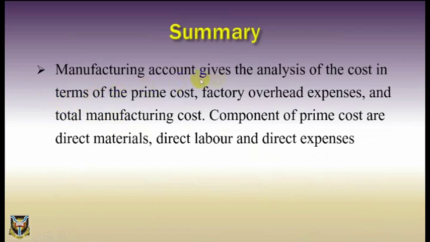Summary. Manufacturing account is the account prepared to show the cost of the goods manufactured. It gives the analysis of the cost in terms of the prime cost, factory overhead expenses, and total manufacturing cost. Components of prime cost are direct materials, direct labor, and direct expenses.